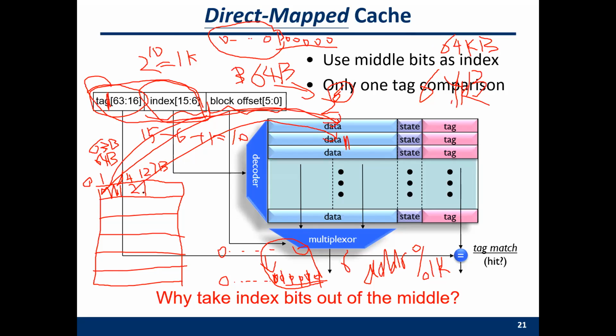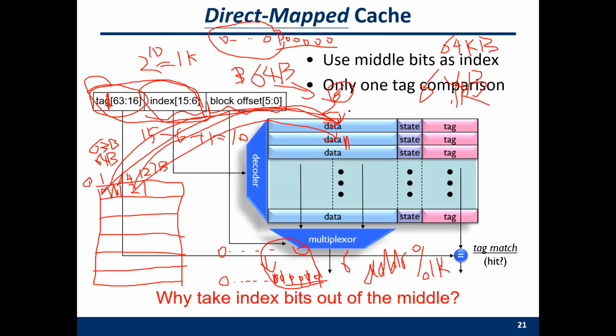For the second block, when I do the lookup, I find that the first 10 bits of its address are also all zeros. Then this one will also be mapped into the first line.